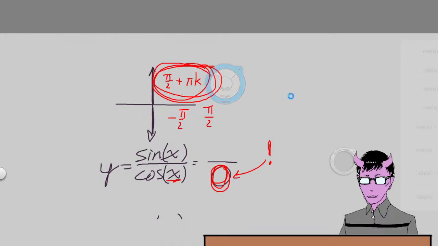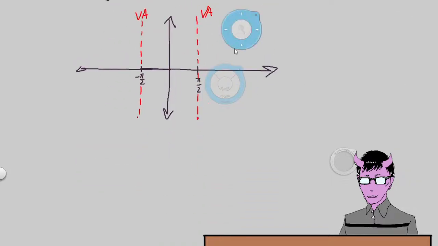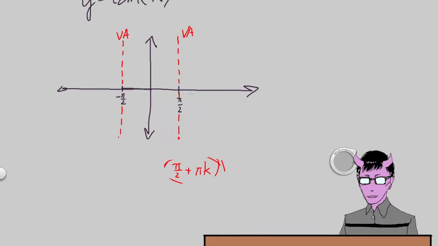So what's going to be our next positive vertical asymptote after this one? Well, just follow this particular formula. If k is equal to 0, that takes us to the first vertical asymptote. But if k is the positive integer 1, then pi plus pi over 2 will give us 3 pi over 2, which takes us to the next one.